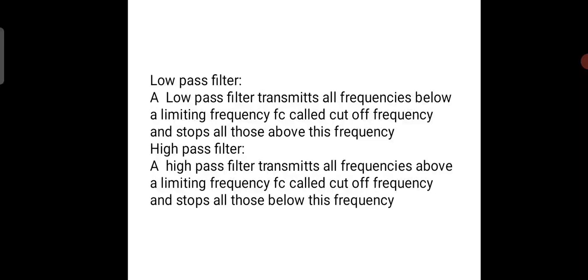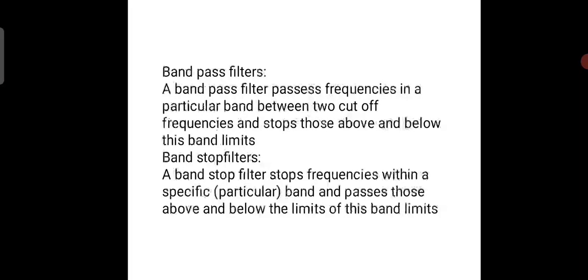The higher values of the signals are allowed in a high pass filter, because after the cutoff frequency the signals pass through the circuit. But in a low pass filter, above the cutoff frequency there will be no output, or signals are not passed. Therefore for smaller values we use a low pass filter, and for higher values of frequency we use a high pass filter. And the next one is the band pass filter.